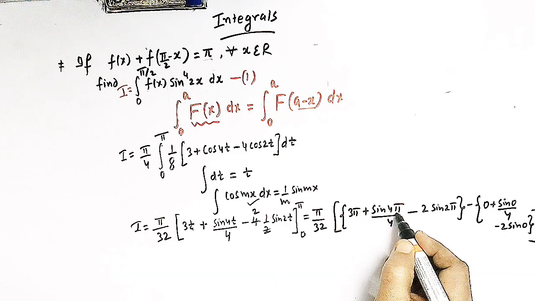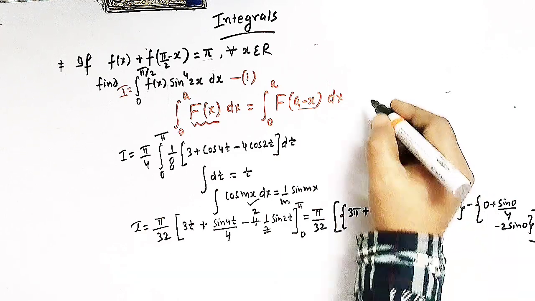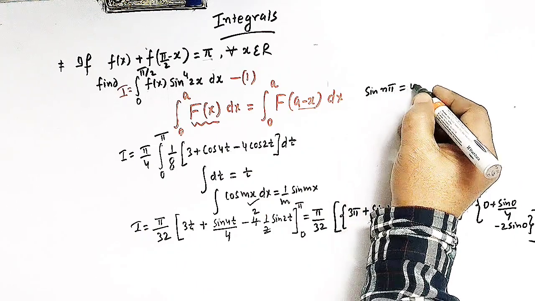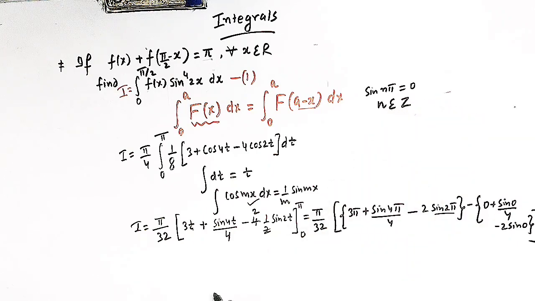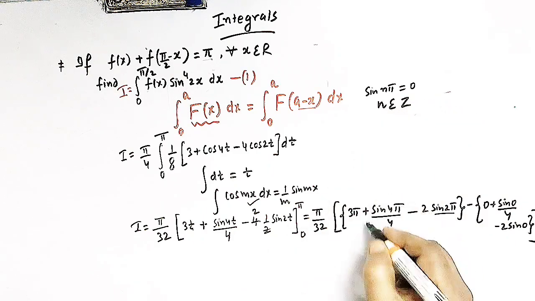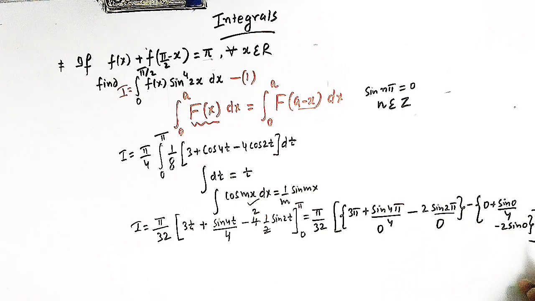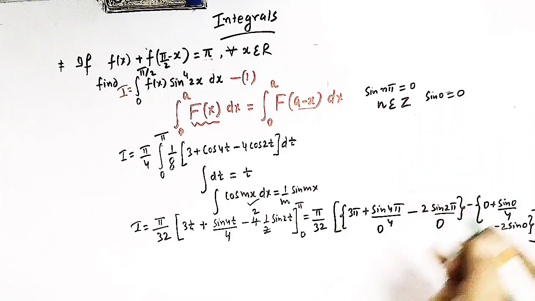Now the value of sin 4 pi is 0, sin 2 pi is also 0, because we know that sin n pi is equal to 0 for all n belonging to the set of integers, right? So this term is 0, this term is also 0, and this is 0, because sin 0 is 0, right?